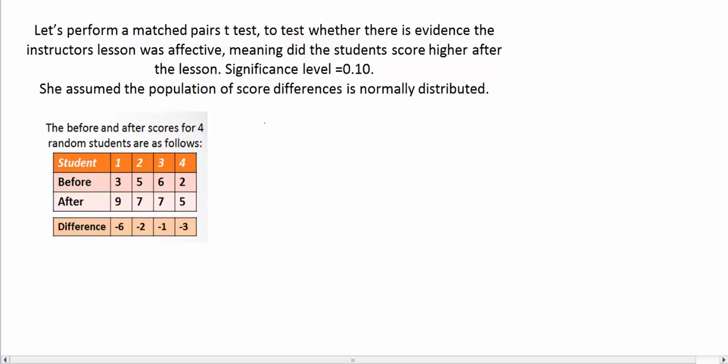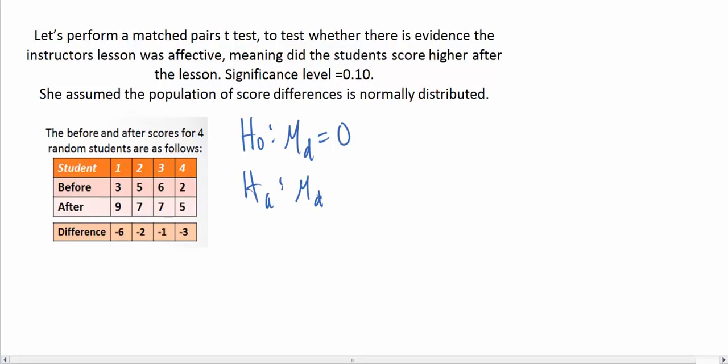What this means is that we'll have a null and alternative hypothesis of H0, where mu d is equal to 0, and HA, where mu d, depending on the way we subtract, is less than 0. Because I've taken the differences here as the before minus the after score, a negative score actually means a positive result, meaning that the students actually scored higher after the lesson.